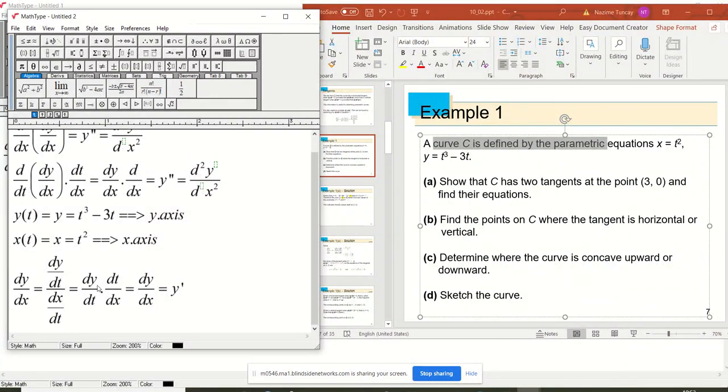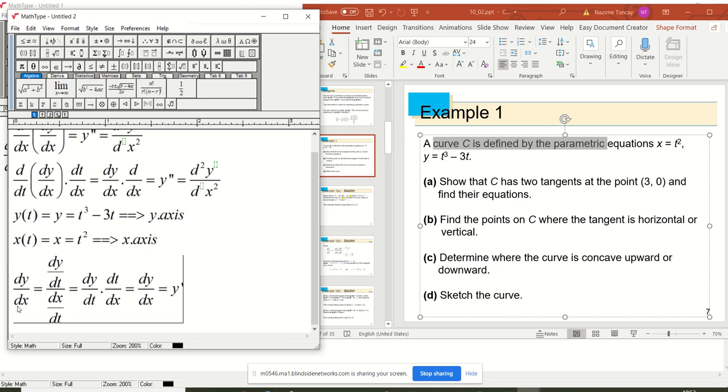Here y is a function of t, x is a function of t, and in order to find derivative of y according to x, because the slope of a curve is always in terms of y and x values. You know, the coordinate axis consists of y and x, and there the slope is derivative of y according to derivative of x.